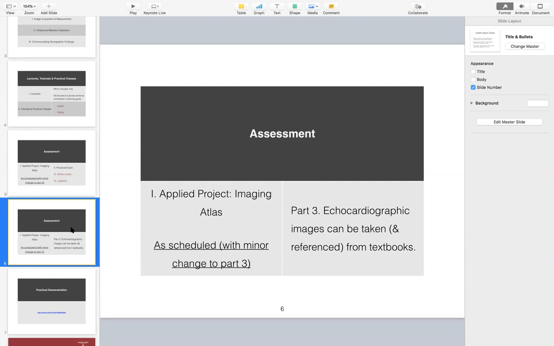Because it's an electronic exam, there's a couple of minor changes that are going to have to be made to the way it's delivered. So let me just try and explain what that means now.